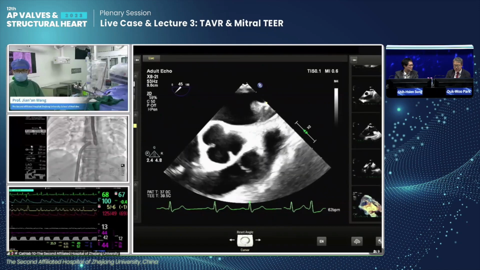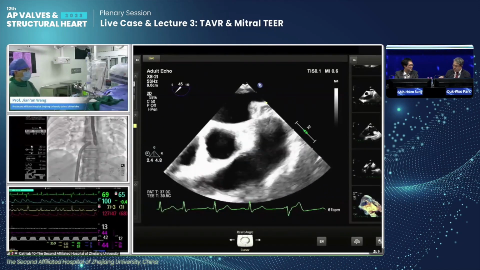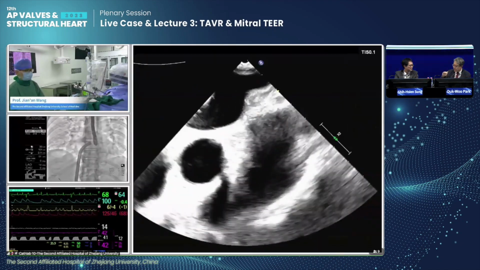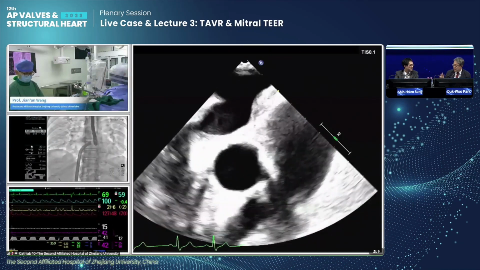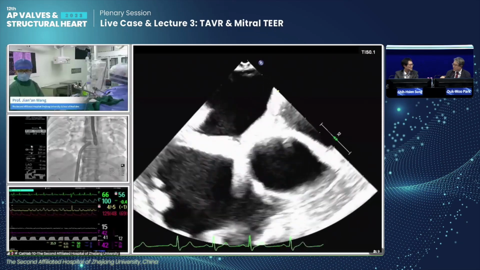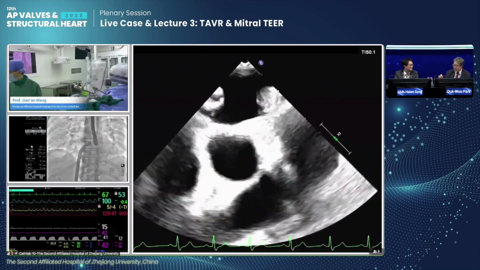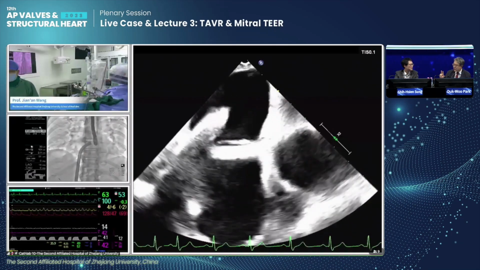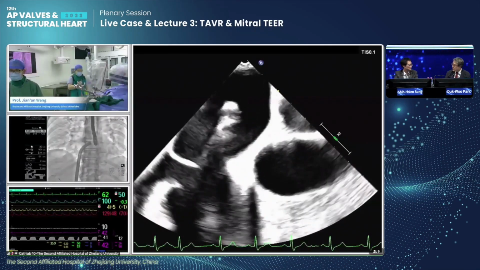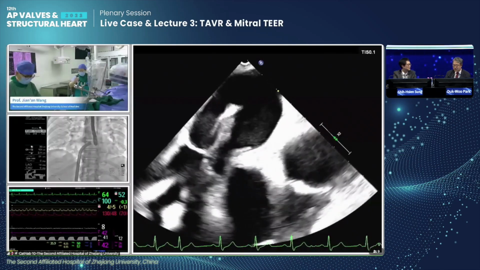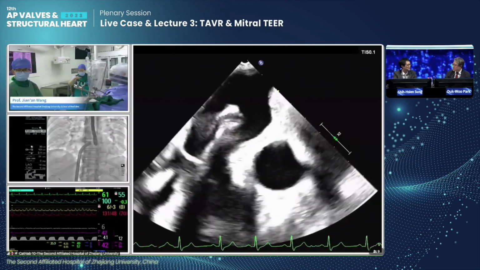Regardless of the amount of calcium, the experience has accumulated, and technique as well as device development is so fast, and even with a very high amount of calcium in the bicuspid valve, the overall result is excellent. It depends on the center experience and the operator experience.